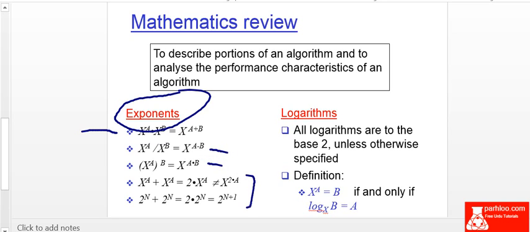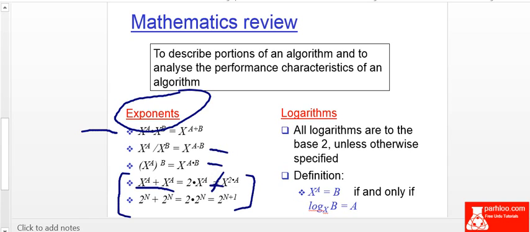Now, these two. I have seen a number of students, math students, making this particular mistake. Please don't make this mistake. X raised to the power a plus x raised to the power a is not equal to x raised to the power 2a. Sorry, it is not equal.